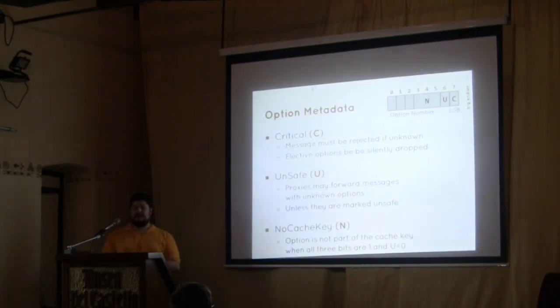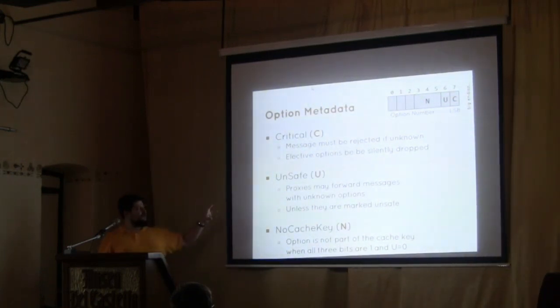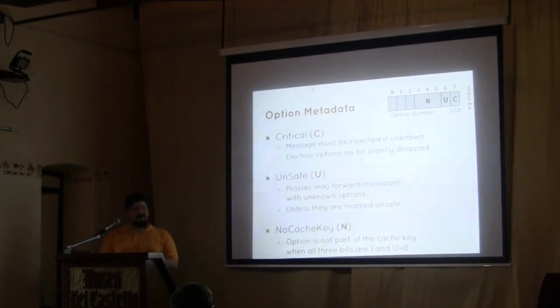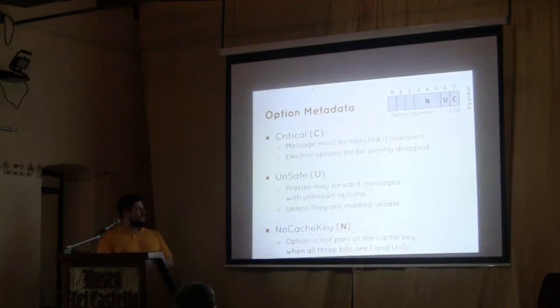You put it in there, but you can encode whether the proxy has to understand it or not. If it's unsafe to forward, the proxy also has to return an error and tell the other parties that it cannot handle this. If it's not marked like this, it's safe to forward, so the proxy doesn't even need to know what's going on there. It just forwards this and everything will be fine.